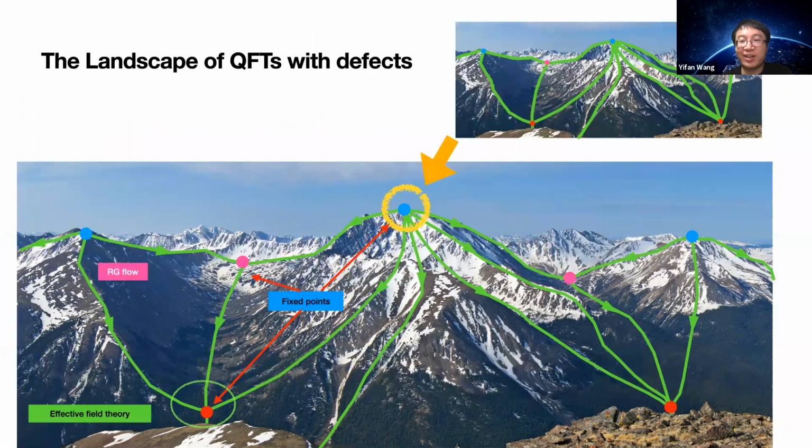Now, if we also take into account these defects, we discovered that if we zoom into one of these fixed points, there's a finer structure of the landscape. At a d-dimensional fixed point, the lower dimensional defects organize into another landscape of RG trajectories with its own lower dimensional critical fixed points, which are described by conformal defects.